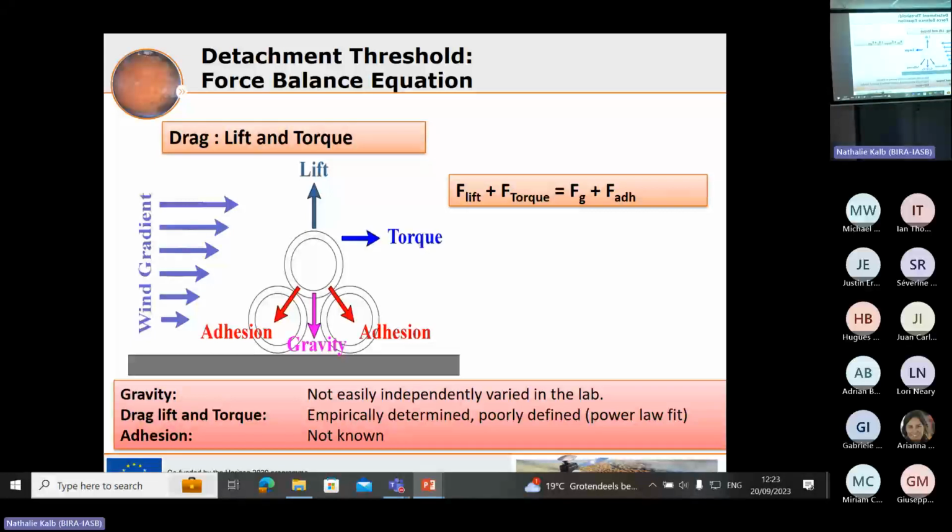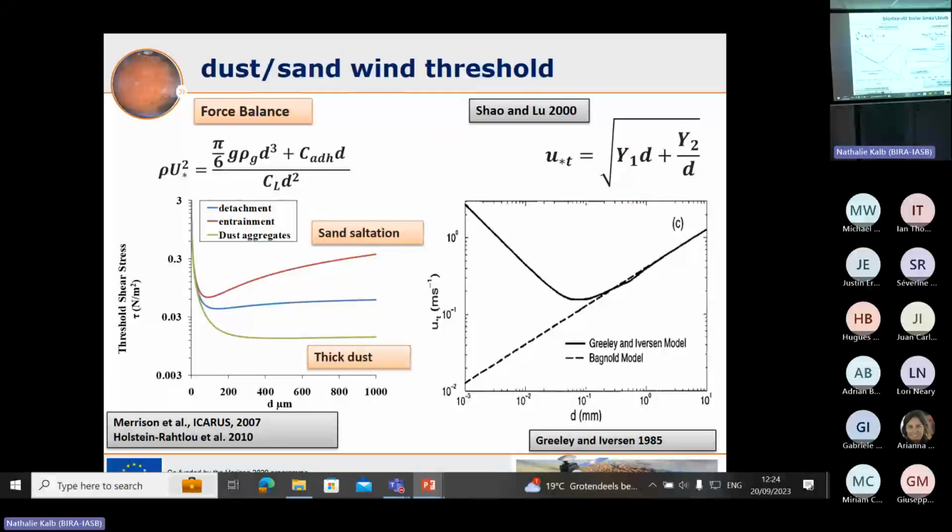So you have adhesive, cohesive forces and gravity keeping it down, and then the wind normally has two effects. One is a vertical lift force, shear stress, and another one is that it can make drag, which can cause them to roll around.